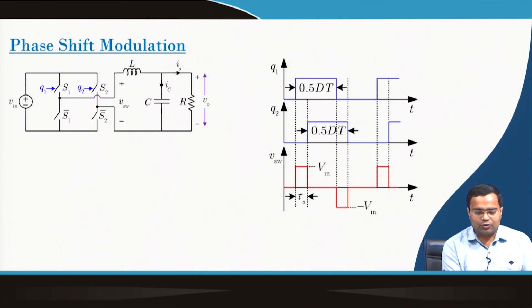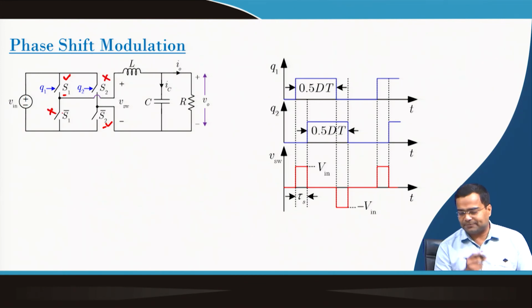The other one which is left is the phase shift modulation, which is also a fixed frequency modulation, where S1 and S2 bar are operated using the Q1 pulse, and S1 bar and S2 are operated using the Q2 pulse. So, this switch and this switch are identically operated, and this switch and this switch are identically operated.